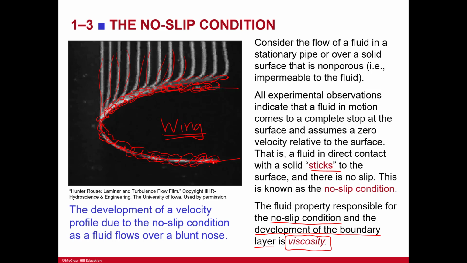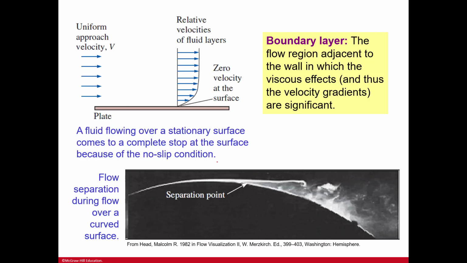It's our no-slip condition. And we call this portion viscosity. All this that I just colored in, that's the viscosity. It's what's sticking to the impermeable item or surface that we're floating over.